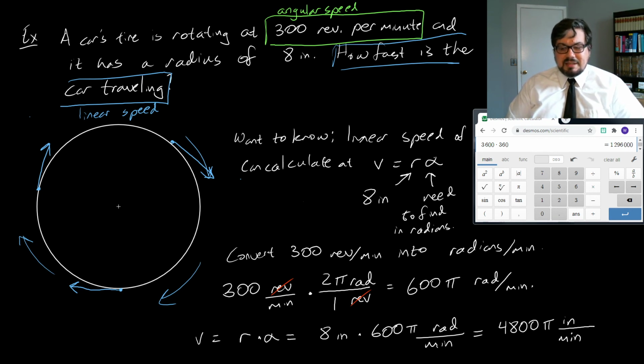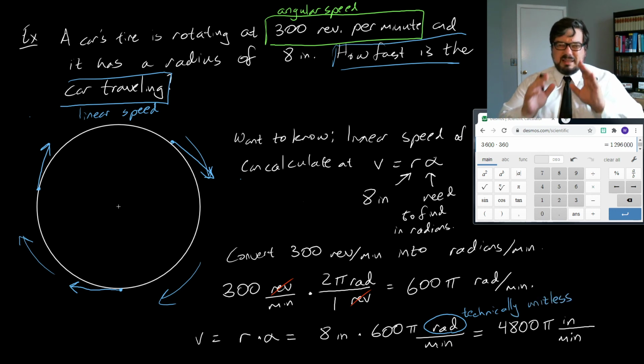But now that we've got something else to put on top, we can drop the radians. They're not a unit in the proper sense. They're just a count of how many times things are happening, which means we can drop them when there's another unit that shows up in the process of solving the problem. Okay, so that gives us an answer, 4,800 pi inches per minute.